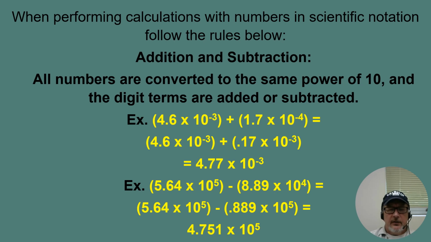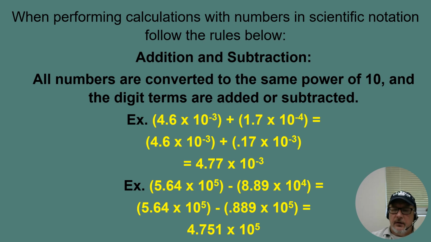In the second example, we want to subtract two expressions. We want to subtract the second expression from the first expression. We will begin by changing the second expression from 8.89 times 10 to the fourth to 0.889 times 10 to the fifth.